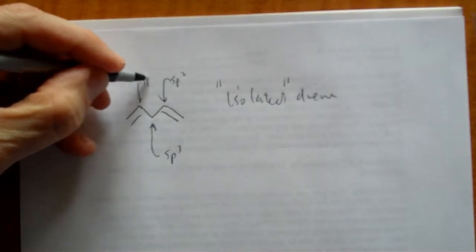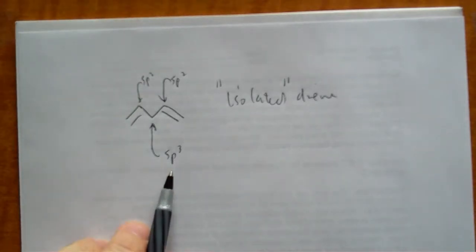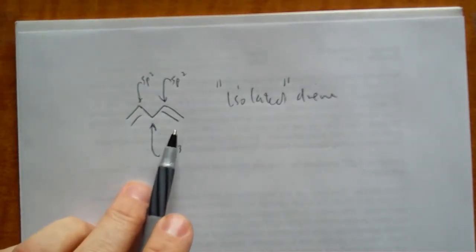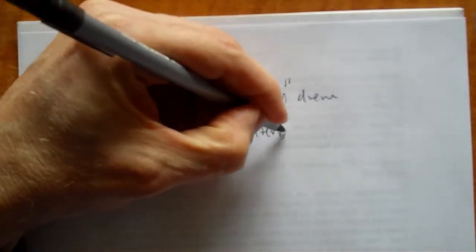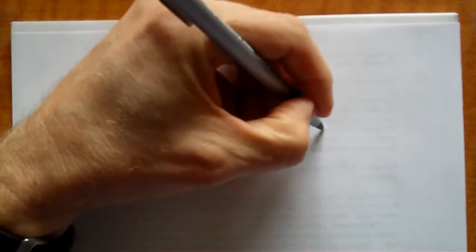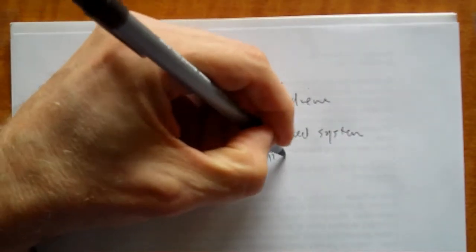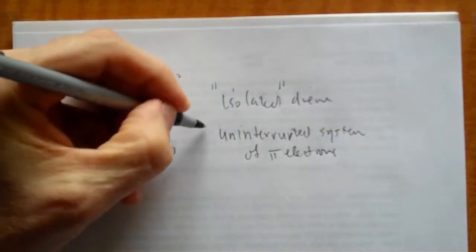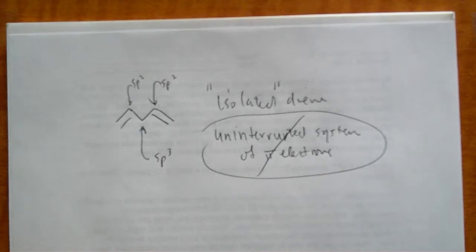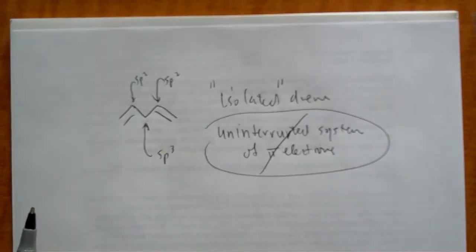That's sp2. Okay? Can you see how you do not have an uninterrupted system of pi electrons? You do not. So that's what we mean by isolated.